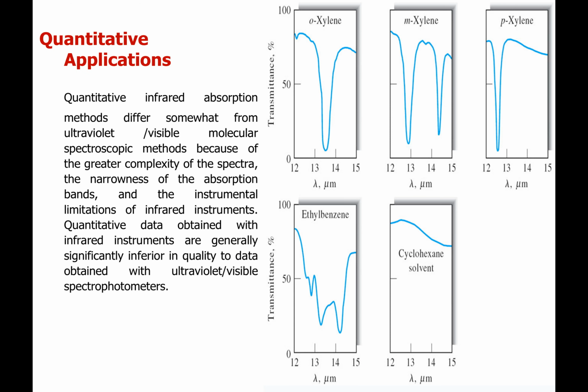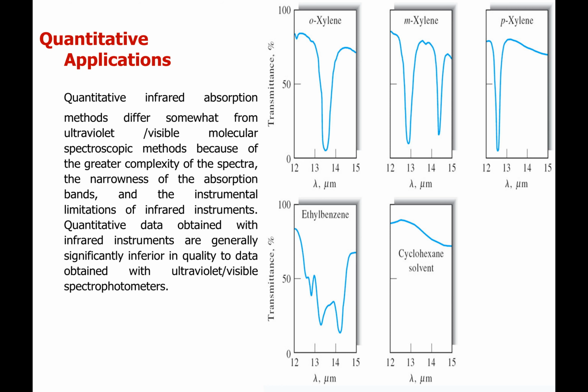For quantitative applications, quantitative infrared absorption methods differ somewhat from ultraviolet-visible molecular spectroscopic methods because of the greater complexity of the spectra, the narrowness of the absorption bands, and the instrumental limitations of IR instruments. Quantitative data obtained with infrared are generally significantly inferior in quality to data obtained with UV-visible spectrophotometers.